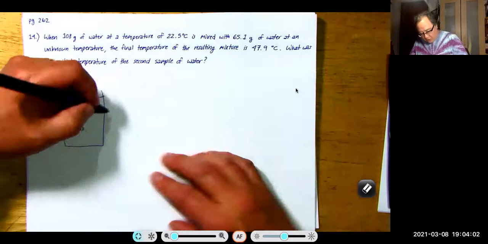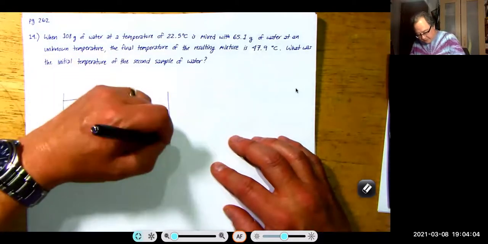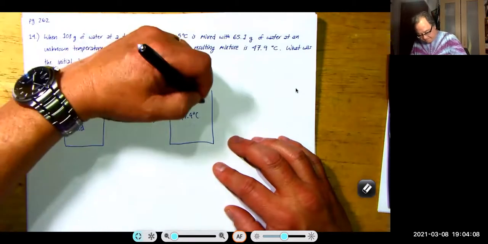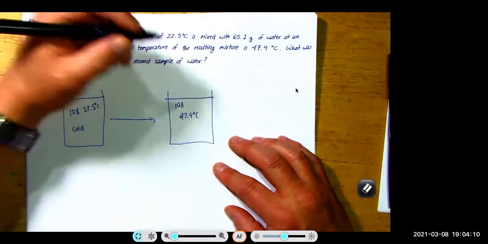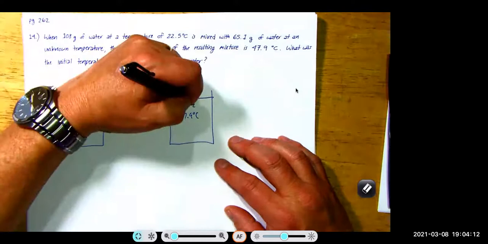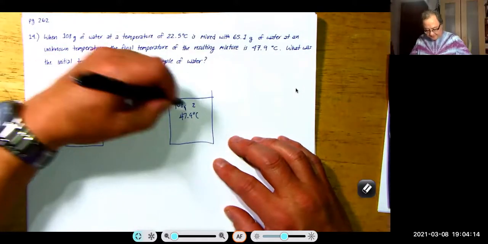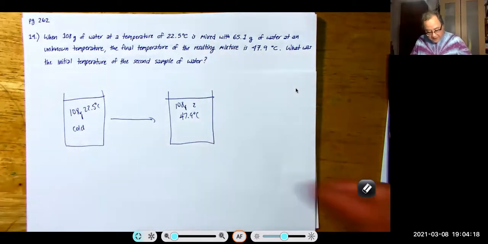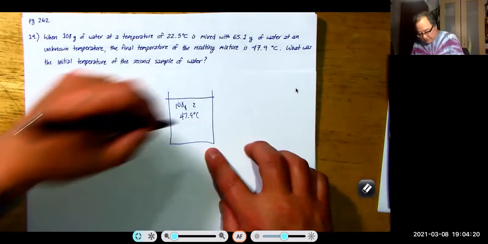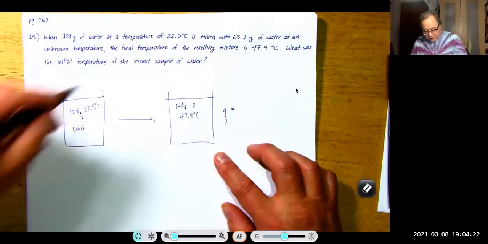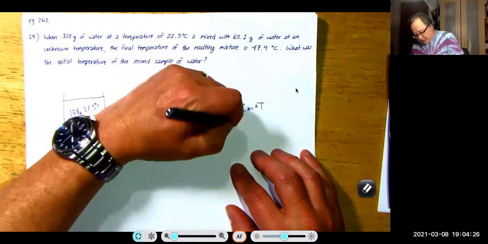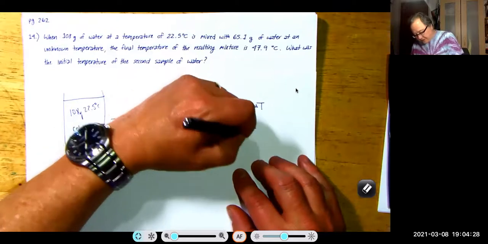And we know that the cold ends up being 47.9 degrees Celsius, right? Right. And it's still 108 grams. It is mixed with the hot water, but nonetheless, we can calculate Q for this because Q is equal to C m delta T, which is 1 calorie per gram degree Celsius.